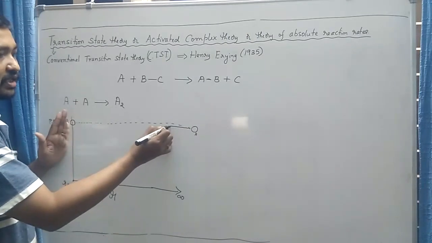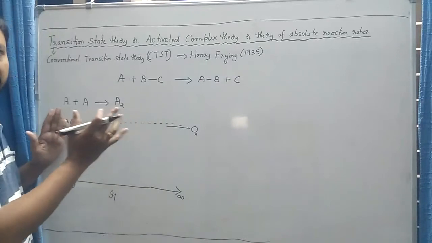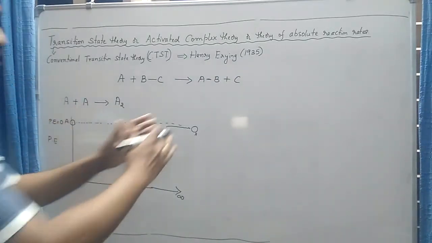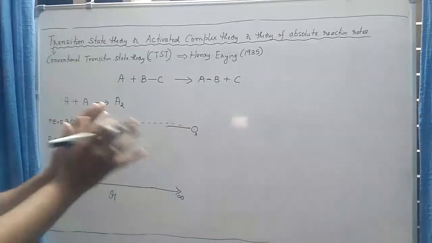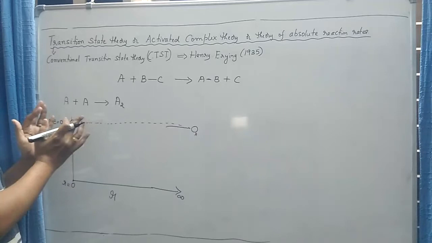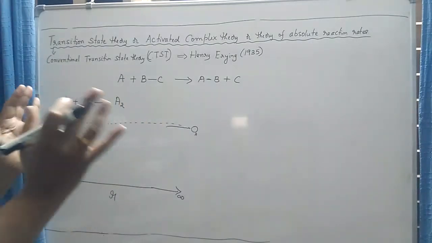But as the distance decreases, the two atoms feel the approach of each other. The electron cloud of one atom exerts some kind of influence on the electron cloud of the other atom. So they start feeling the presence of each other.